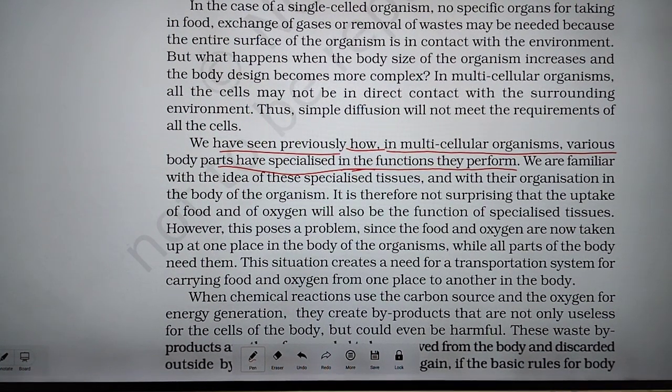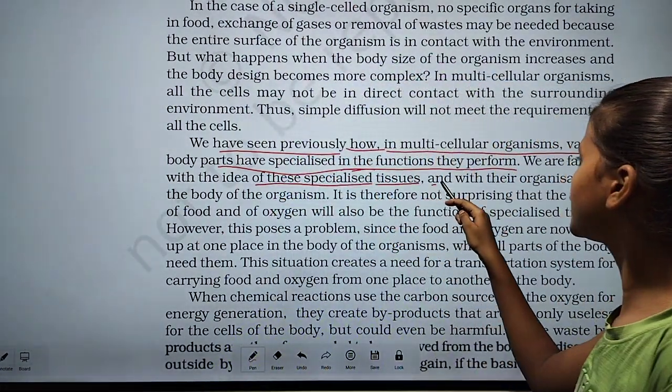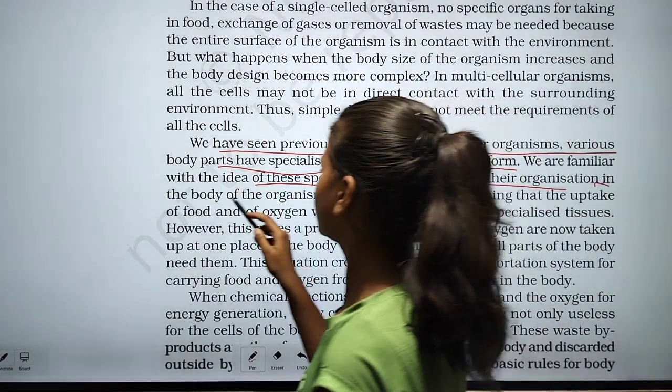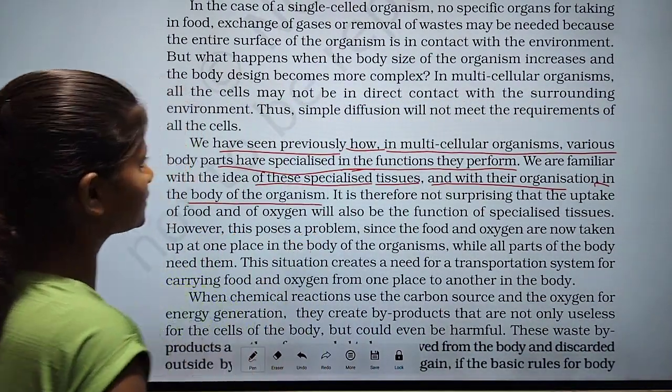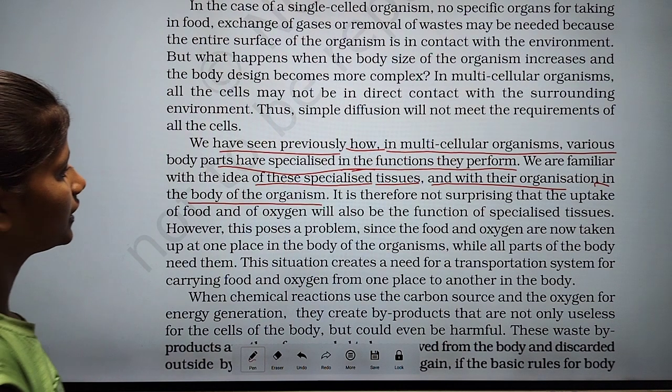We are familiar with these specialized tissues and their organization in the body of the organism.